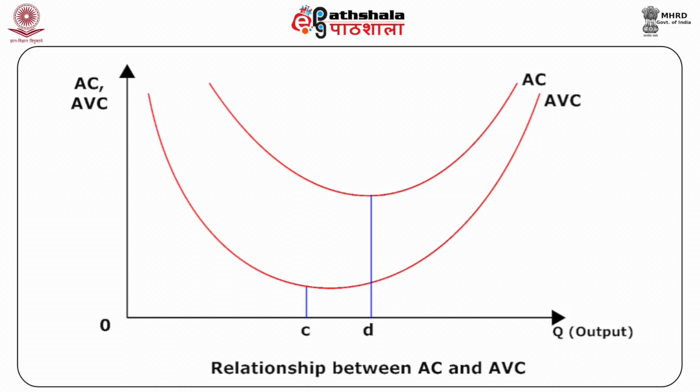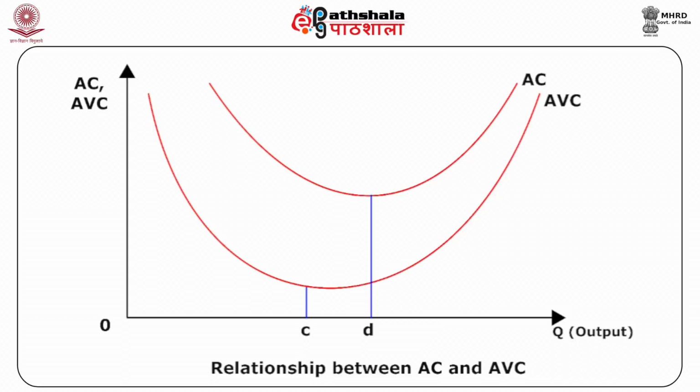After AVC attains its minimum point at B, corresponding to the quantity C1, the average variable cost begins to rise. And between C and D, the rate of fall in the AFC offsets the rising rate of AVC and results in a continuous fall in AC. At a certain level of output, the AVC also starts to rise, and so the gap between the two goes on declining.